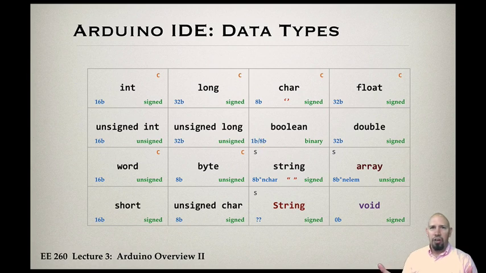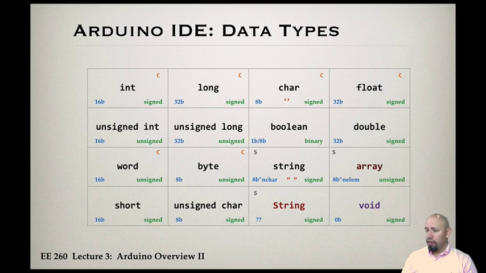It's either a high or low, or a true or false, but it really only contains 1 bit of data, but it uses up 8 bits. So just to explain what that's all about. So these are all the data types available in the Arduino IDE.